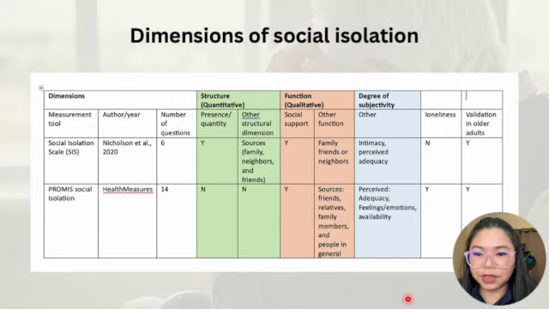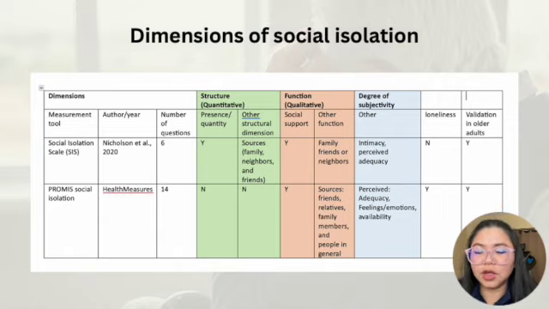So if you look at the SIS here, it actually covers 3 dimensions: structure, function, and subjectivity. In comparison, PROMIS SI only covers the function and subjectivity. Additionally, some of the questions in PROMIS SI also capture loneliness, unlike SIS, and both of them are validated for use in older adults.